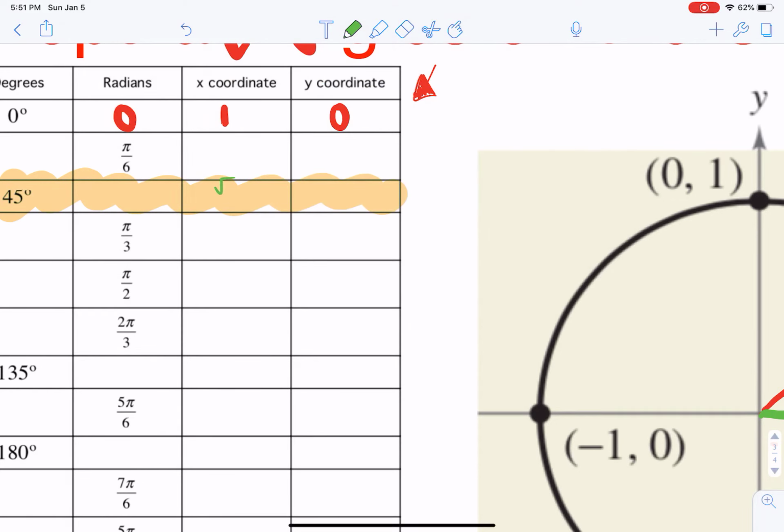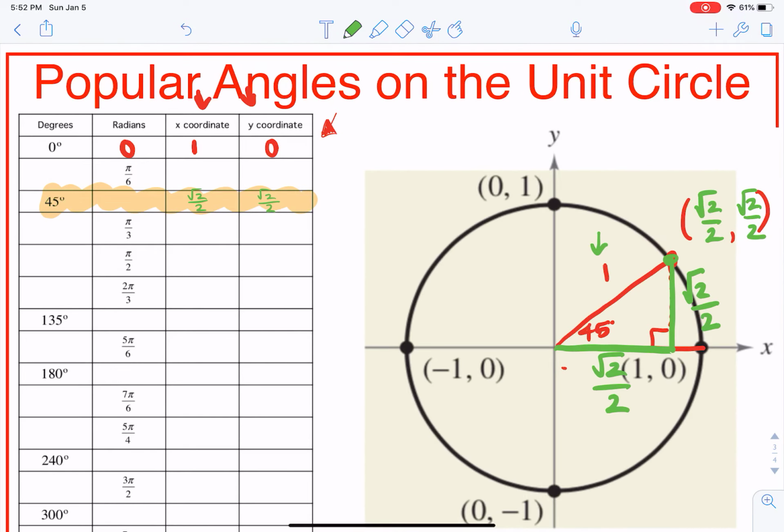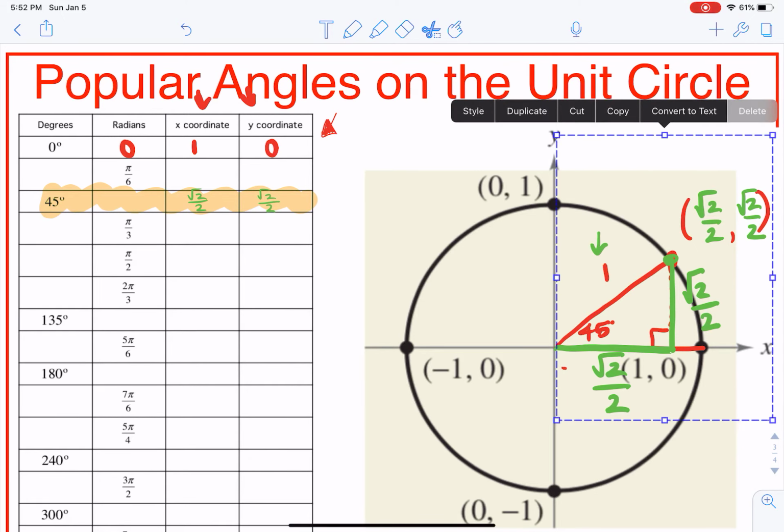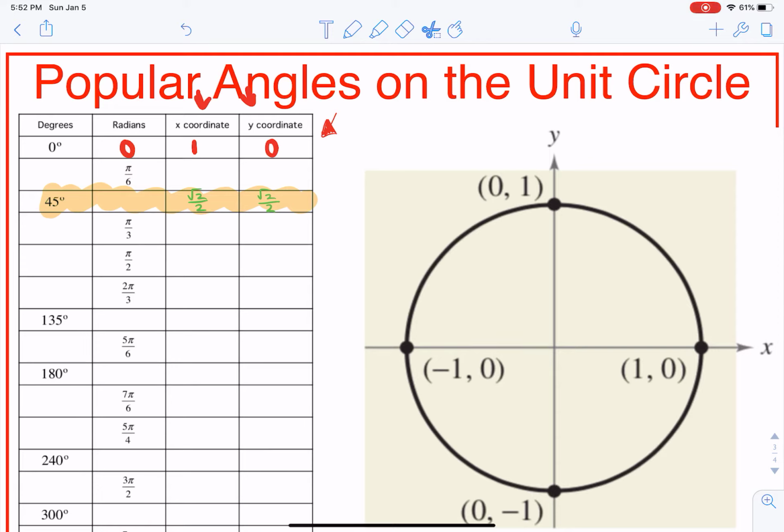So my x-coordinate is square root of 2 over 2, and my y-coordinate is also square root of 2 over 2. So there's my 45 degree angle. I can then erase this, and remember, if this is going too quick, you have the ability to pause and rewind and do all of that good stuff.